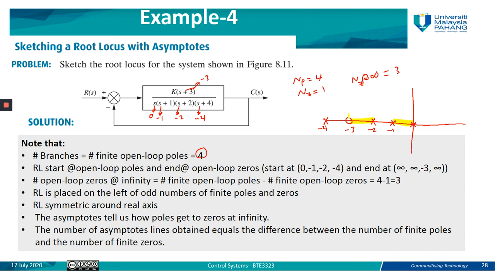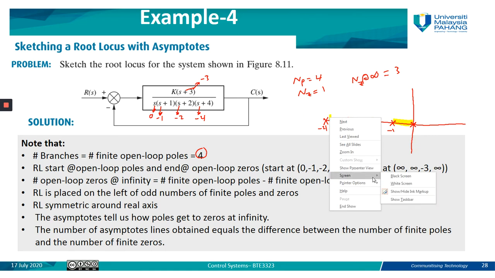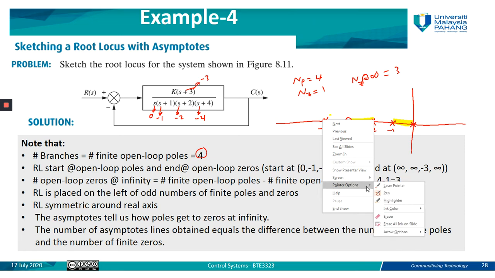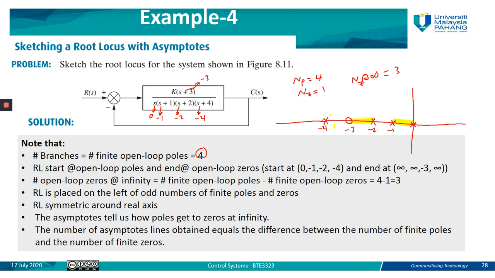So at this point there is no root locus between -3 and -4. And on the left of the last pole, which is -4 here, we will be on the left of 1, 2, 3, 4, 5. So 5 is an odd number, so at this point we will have a root locus.